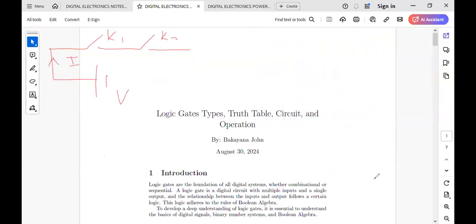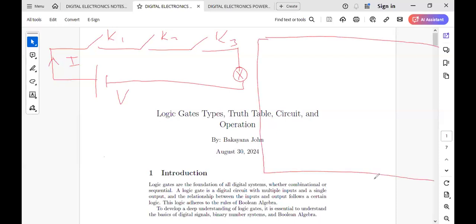Let's just extend our circuit a little bit. Now we have another switch. Let's call it K3. Then our truth table will be K1, K2, K3.